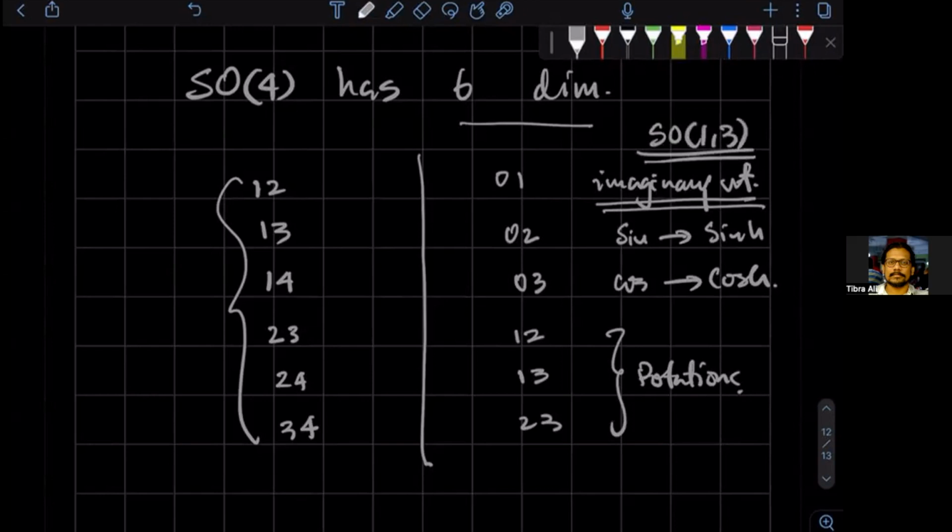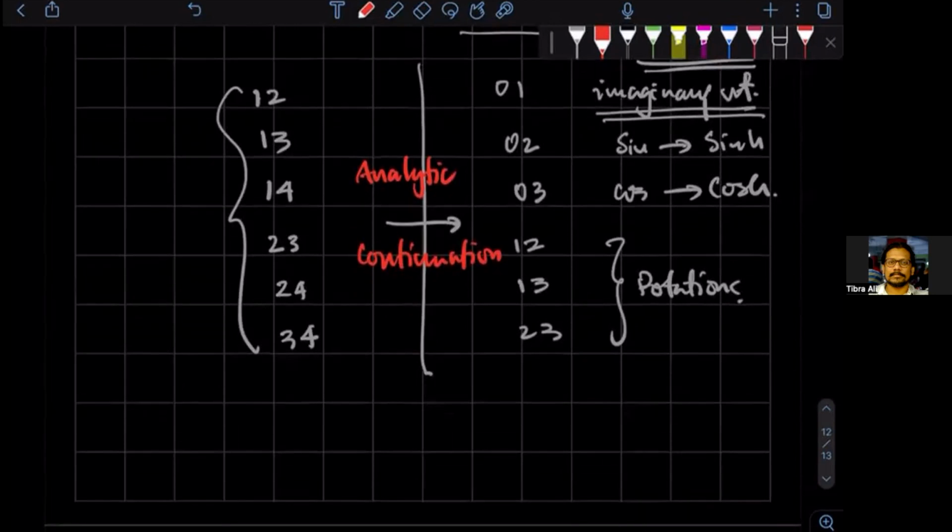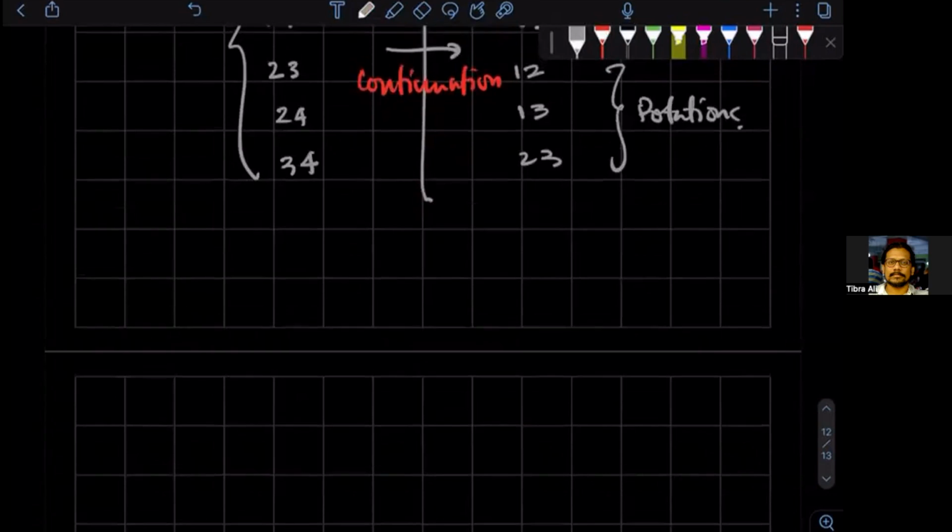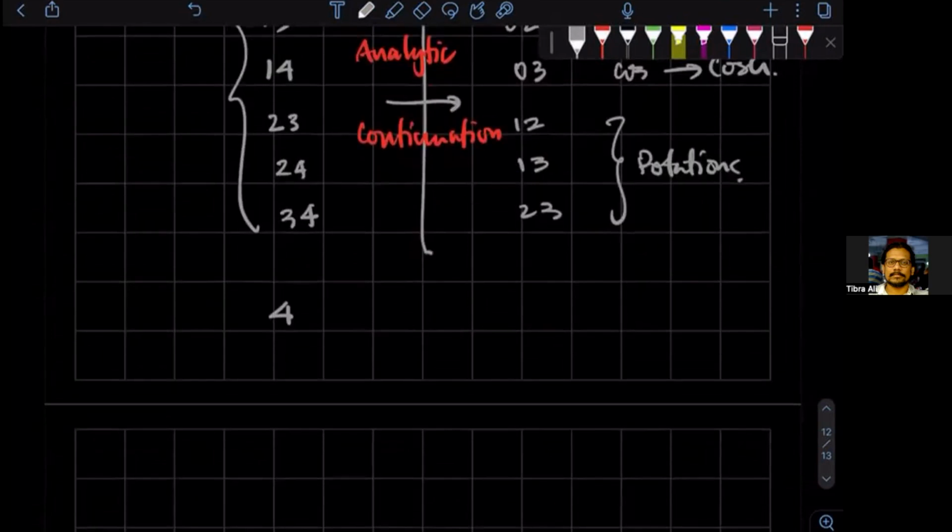So we can actually go from SO(4) to SO(1,3) by doing an analytic continuation, where what used to be the 4th direction becomes the 0th direction.